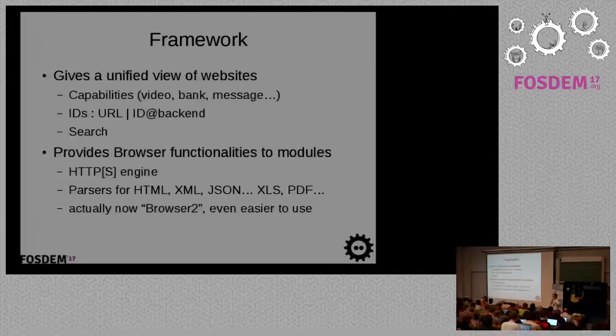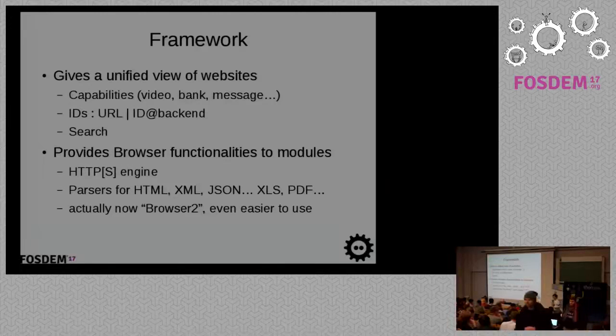Messaging can be mails, but also tickets on Bugzilla or whatever. And you can either pass it a URL or an ID, a unique ID at the backend. And of course, you can search for things.